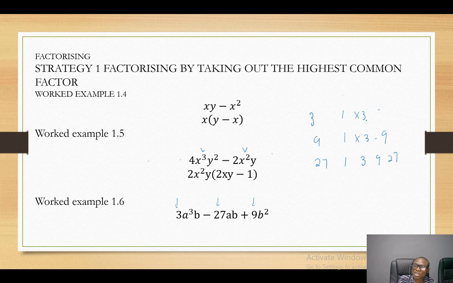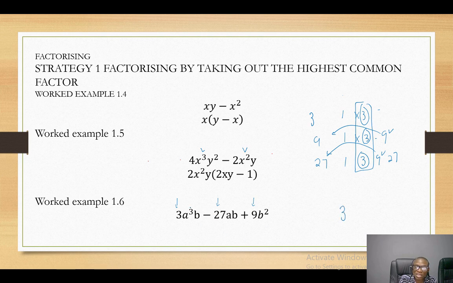So you can see that 3 is the common factor of 3, 9, 27. We can't say the common factor is 9 because it is the factor of 9 and 27 only. So the common factor here is 3.